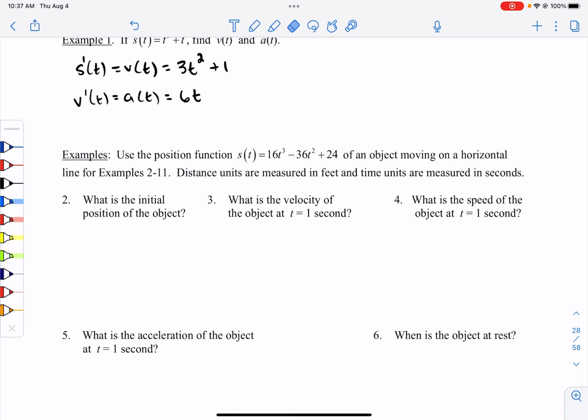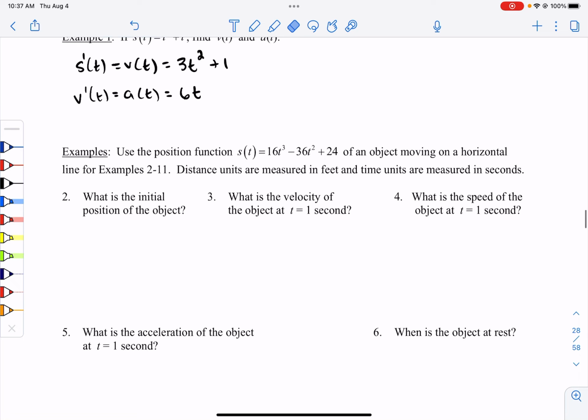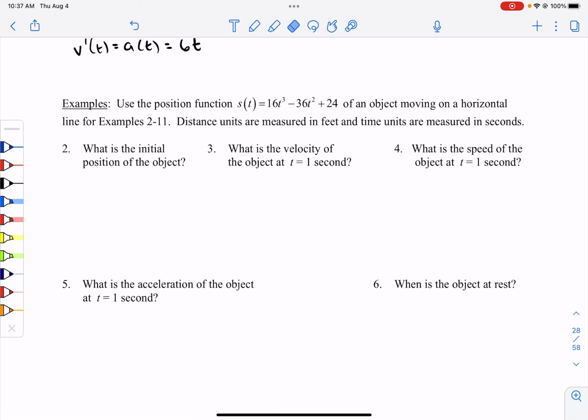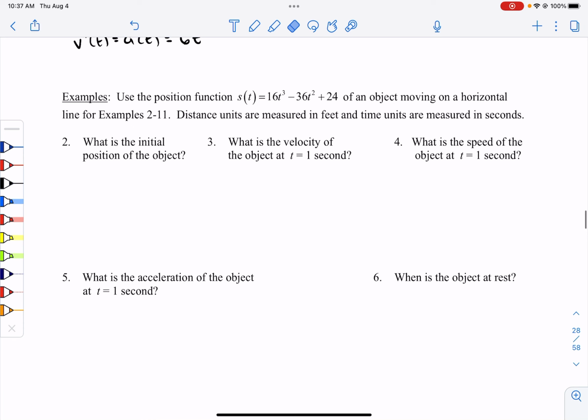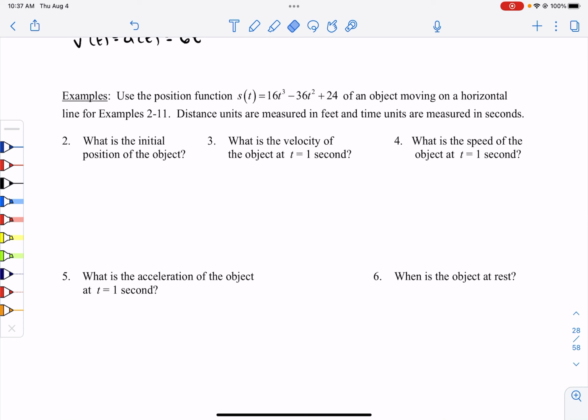All right, so example, moving on. Use the position function s of t equals 16t cubed minus 36t squared plus 24 of an object. It's moving on a horizontal line. So we're going to use this same function for the next whole bunch of examples. Distance units are going to be measured in feet, and time is going to be measured in seconds.